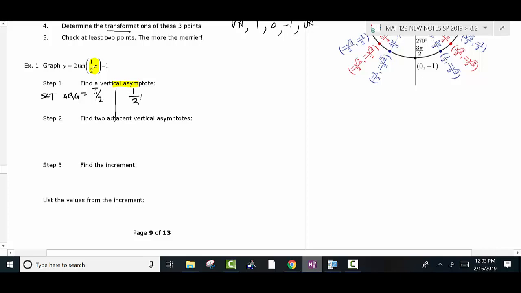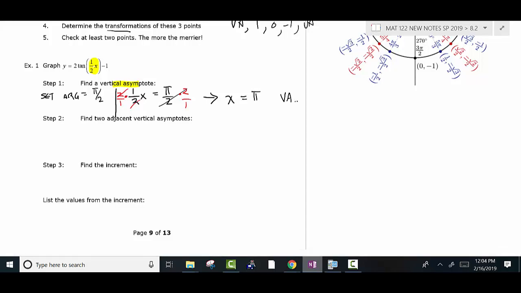You want to go ahead and write down 1/2 x equals pi over 2. Then you want to solve that equation for x. Well, the easy way to solve this equation is multiply both sides by 2. That will isolate x and get x by itself, so the 2's cross out, and you would have x equals pi, which is where one of the vertical asymptotes is found.